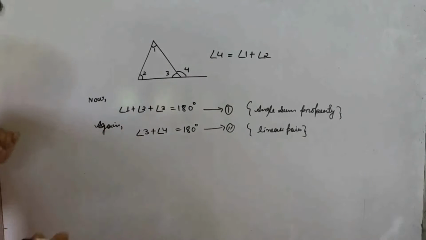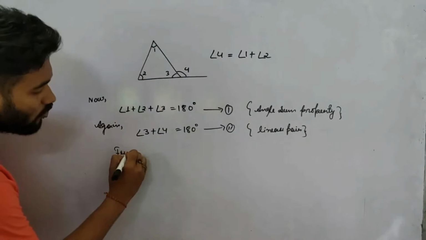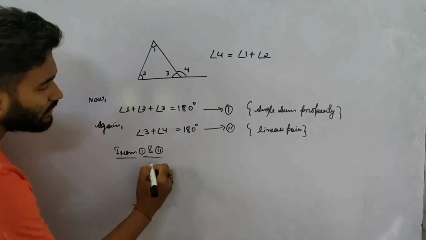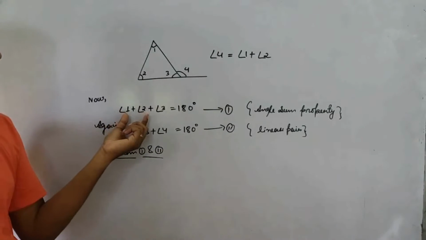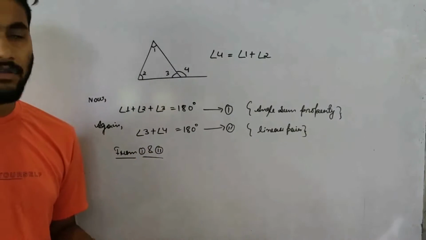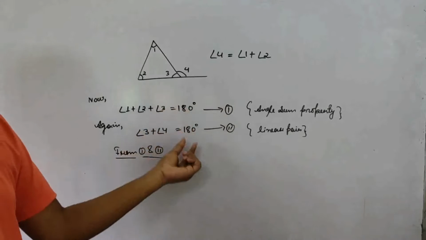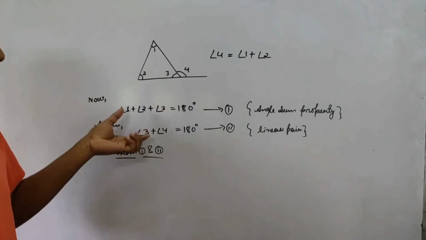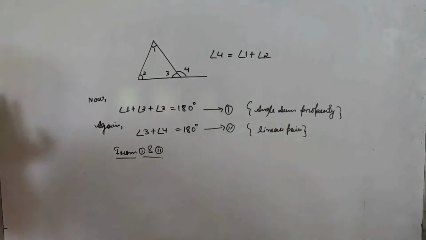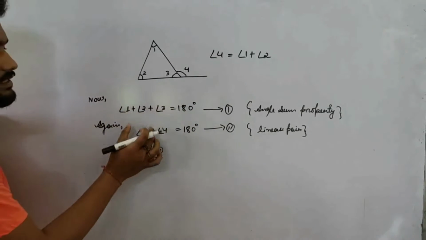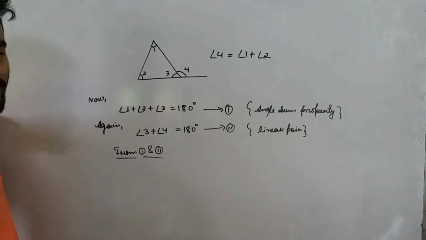Now from 1 and 2, what can I conclude? This is also equal to 180 degrees, and this is also equal to 180 degrees. So in both cases the right hand side is the same. If the right hand side is the same, then the left hand side will also be the same.